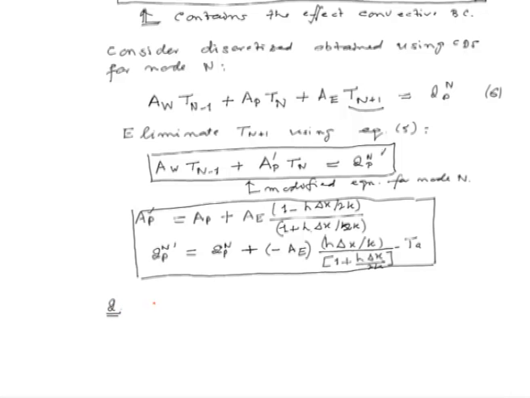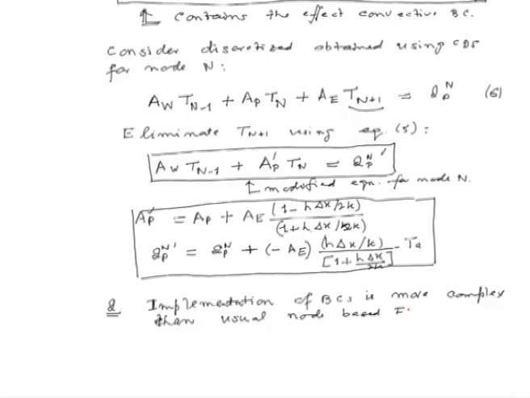So, the question is, implementation of BCs is more complex than the usual node based FDM. So, what are the advantages, if any?